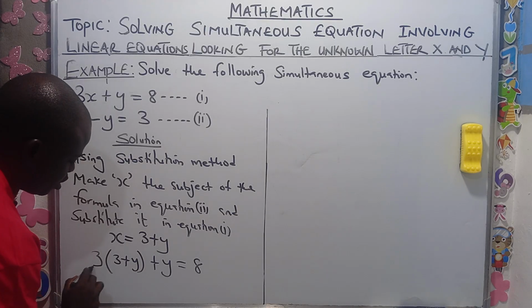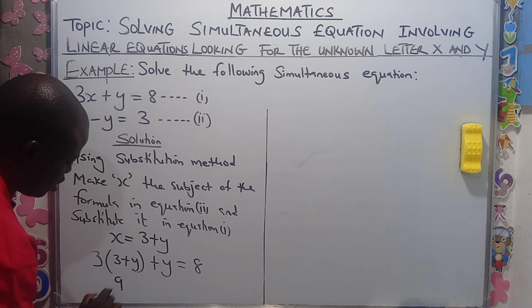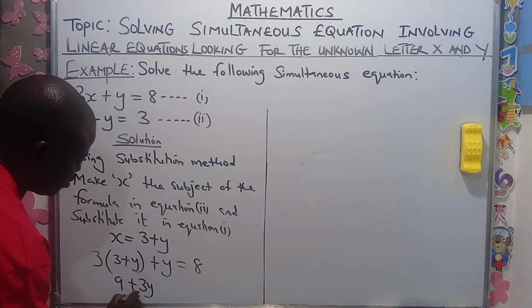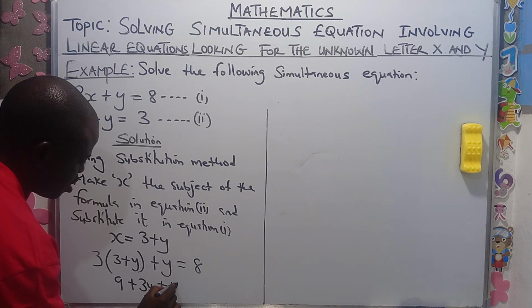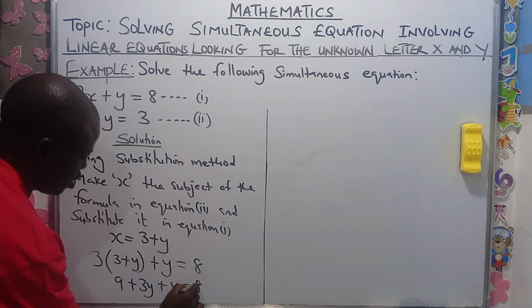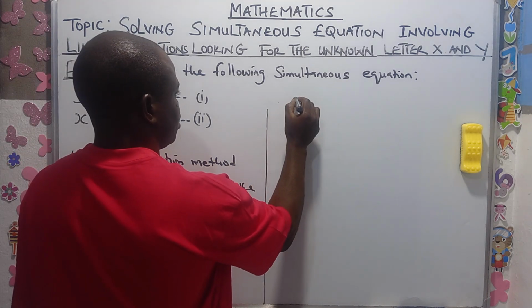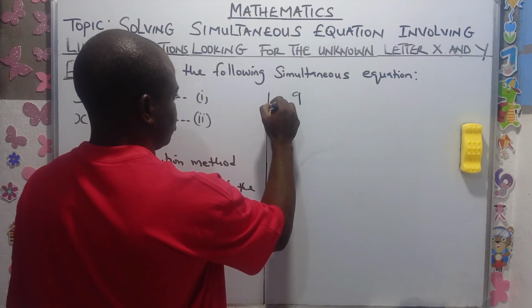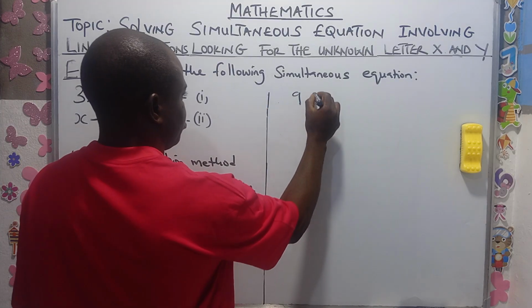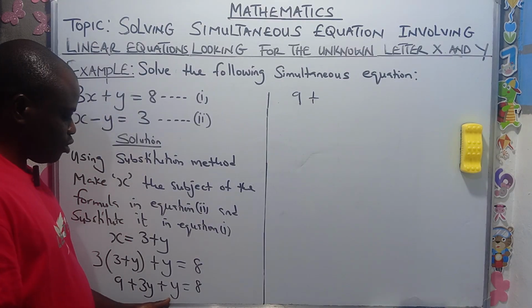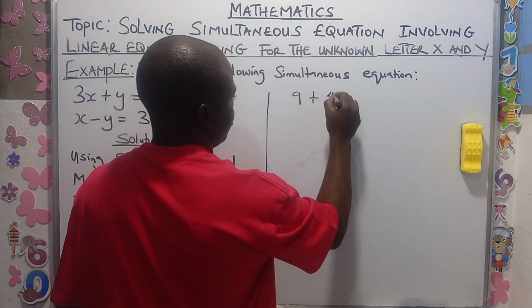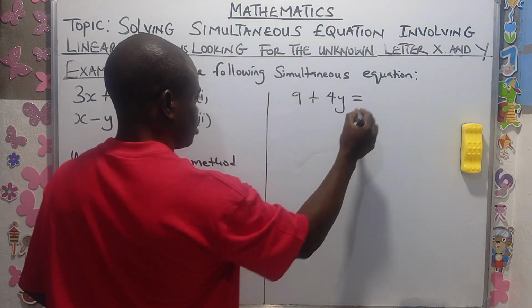Let's open the bracket. 3 times 3, that's 9, plus 3 times y, that's 3y, plus y equals 8. Now it will be 9 plus 3y plus y, that's 4y, equals 8.